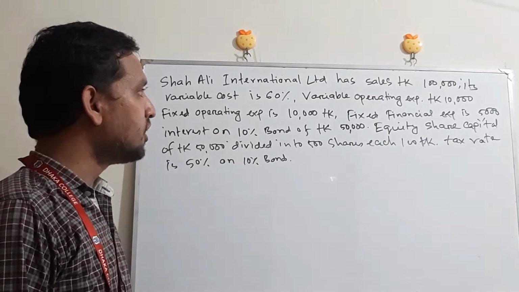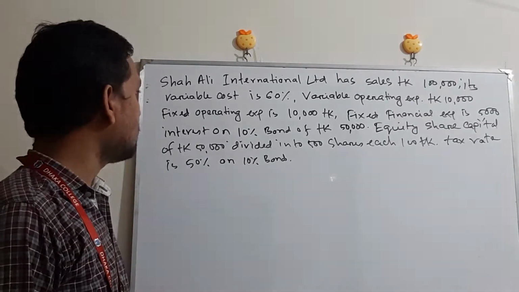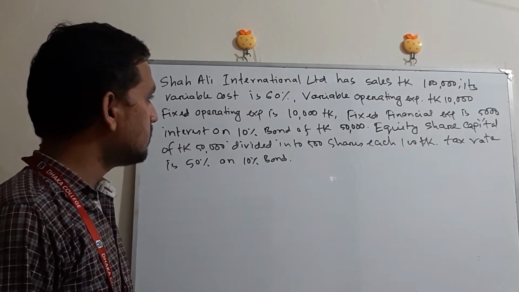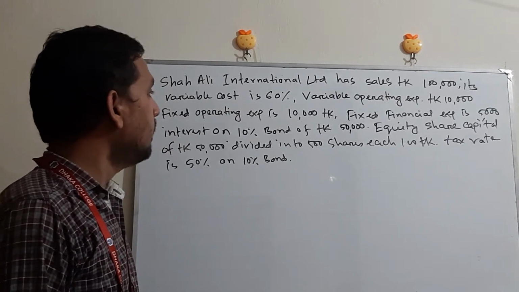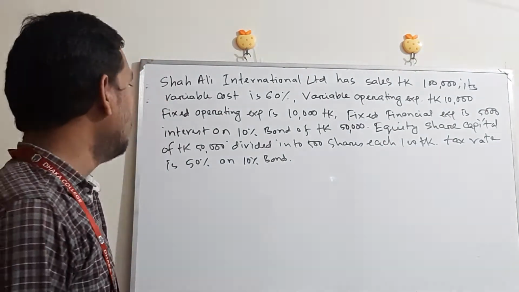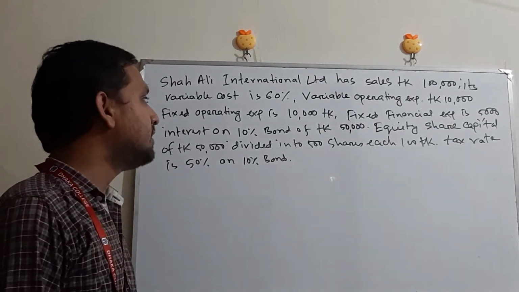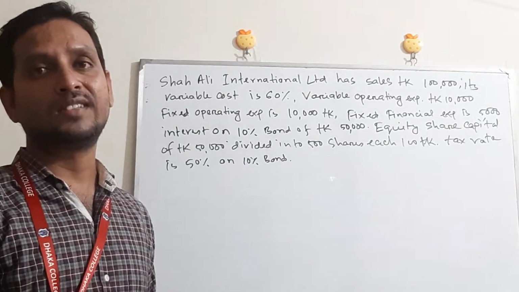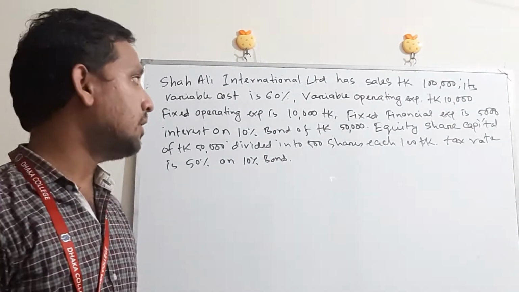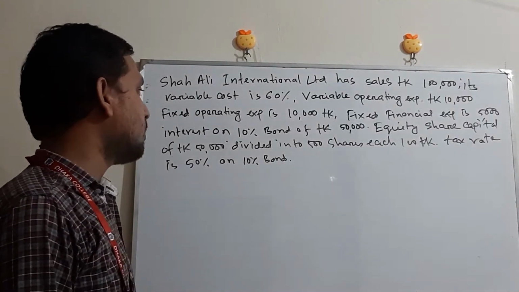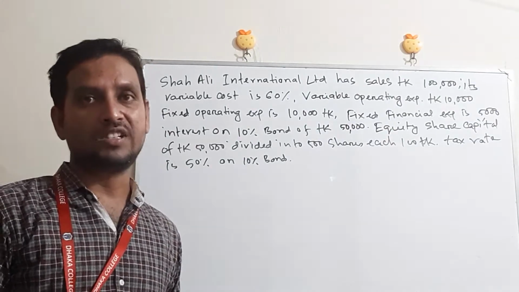Fixed financial expense is 5,000 taka, interest on 10% bond of taka 50,000. Equity share capital of taka 50,000, which is divided into 500 shares, each 100 taka. Then the tax rate is 50% on the 10% bond declared here.